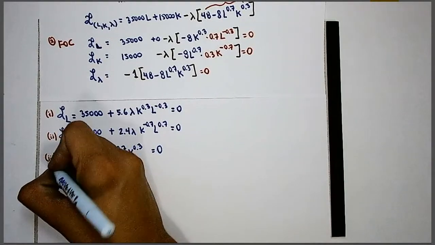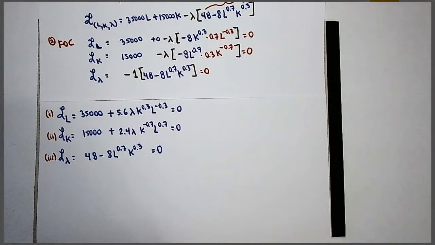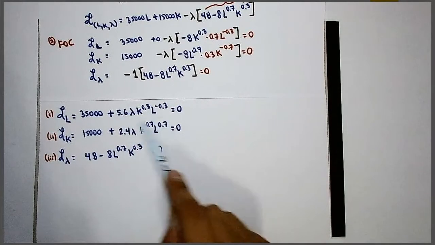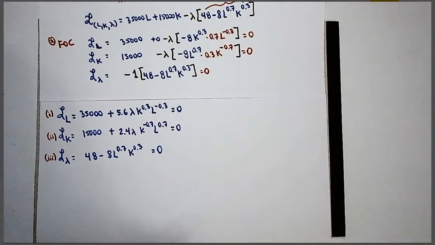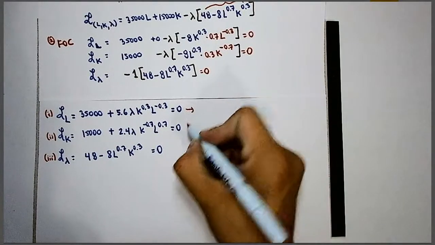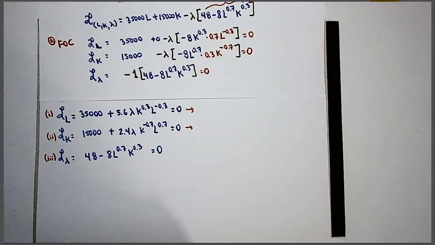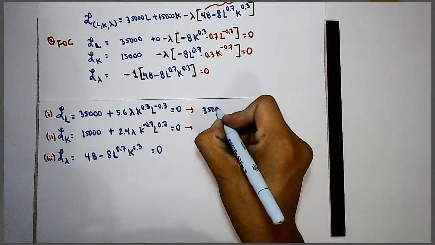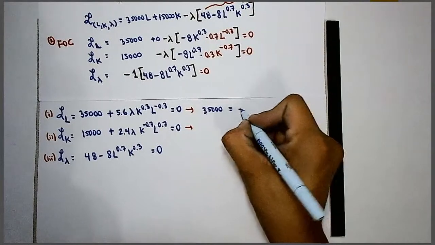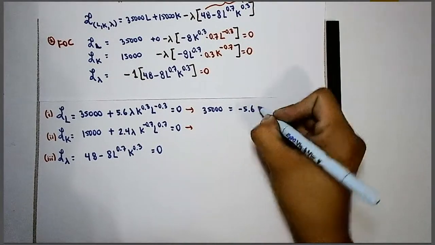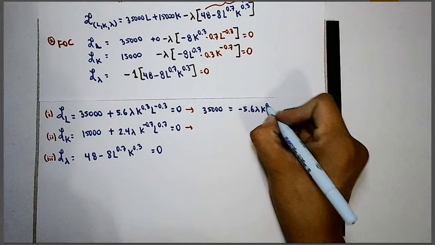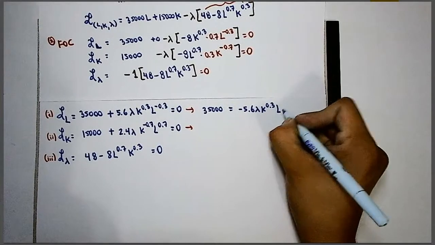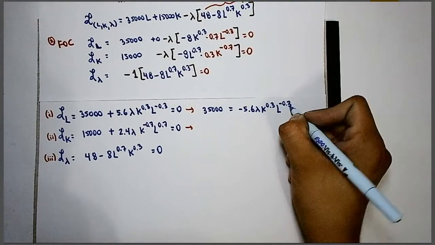And the procedure itself is the same as in the case of the utility optimization. Let's move these two terms to the right-hand side. So this is going to be 35,000 equals minus 5.6 lambda K to the 0.3 L to the minus 0.3.